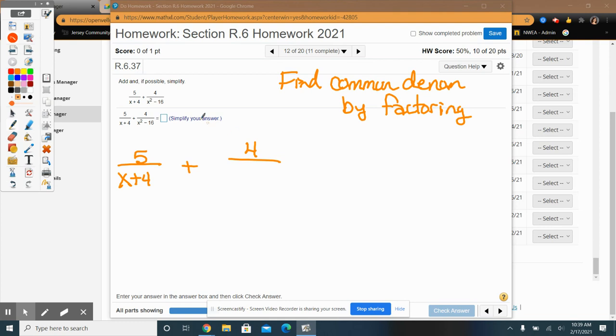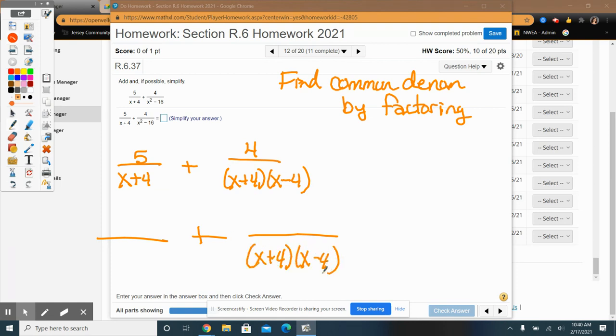You have the 4 here, and down below you have an x plus 4 and an x minus 4. So we cannot add these until you get a common denominator. So we talked about common denominators earlier this year. We're talking about what we can change everything to. And x plus 4, x minus 4 is going to be the common denominator. So this guy gets to stay put, but this one had a piece missing. So what was missing? Well, what was missing was the x minus 4.